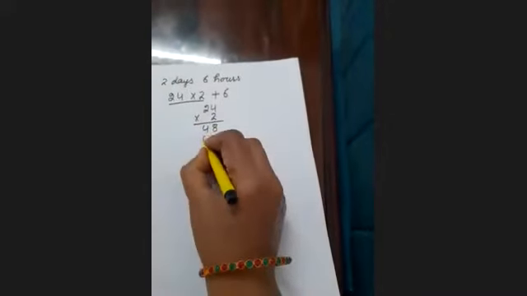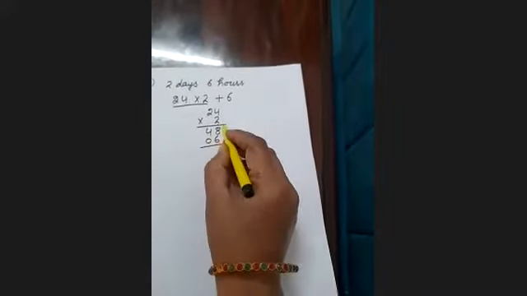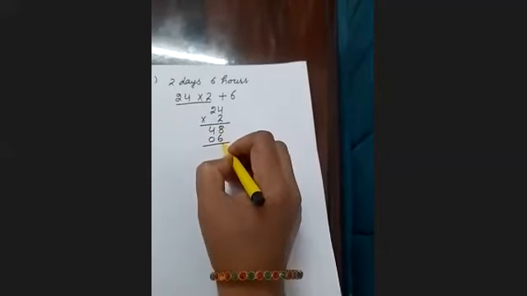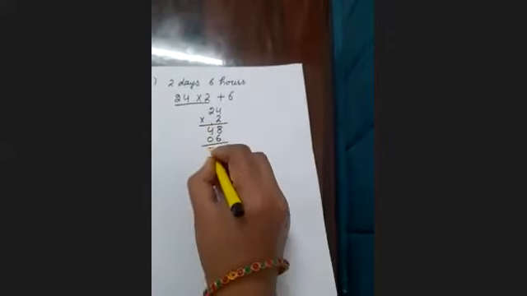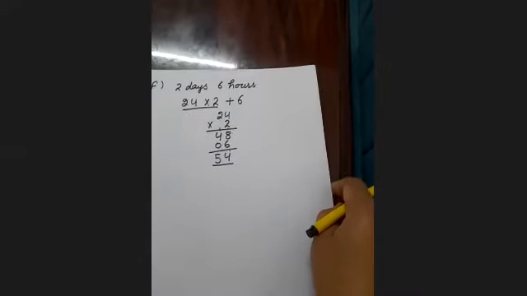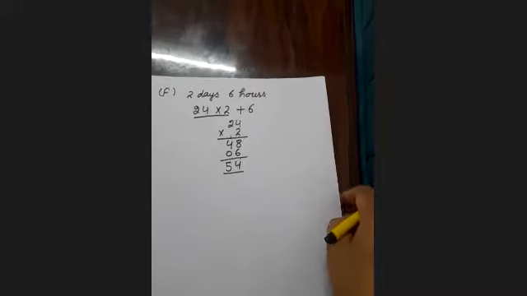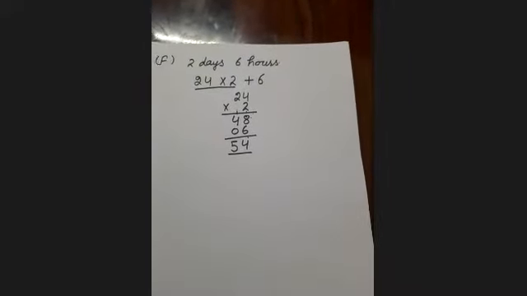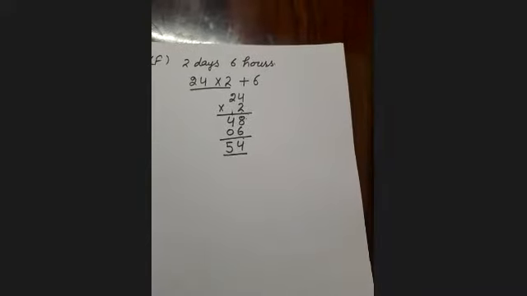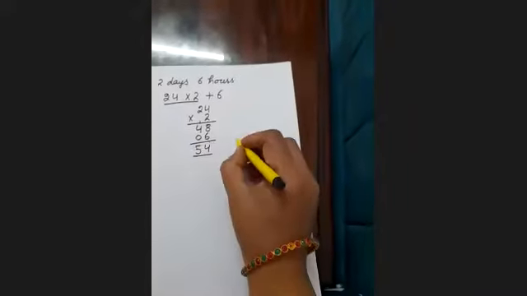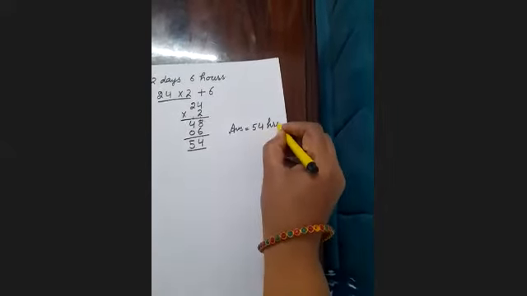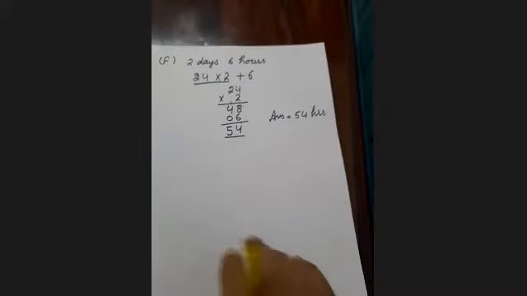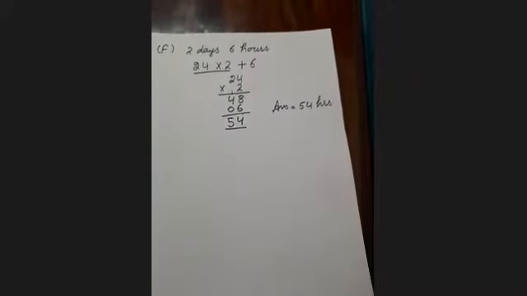Now add 6 hours. 8 plus 6 is 14. 4 plus 1. So the answer is 54 hours. In 2 days, 6 hours, we have 54 hours. Clear, students?